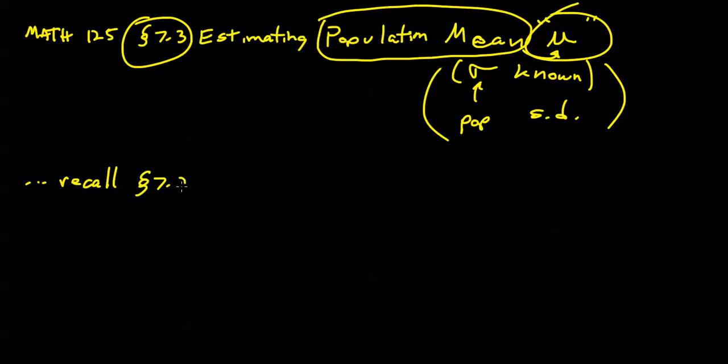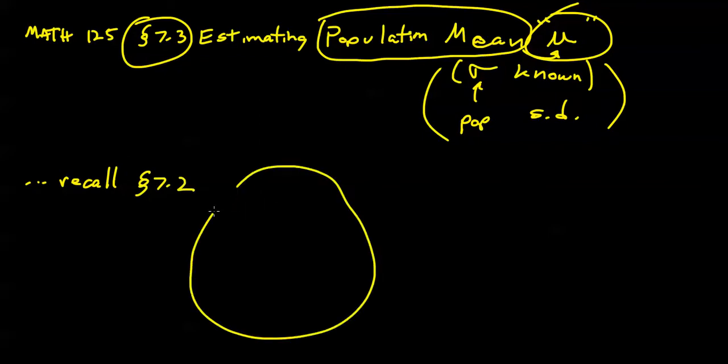Take a look back. Recall in 7.2, we talked about population proportions with some characteristic.